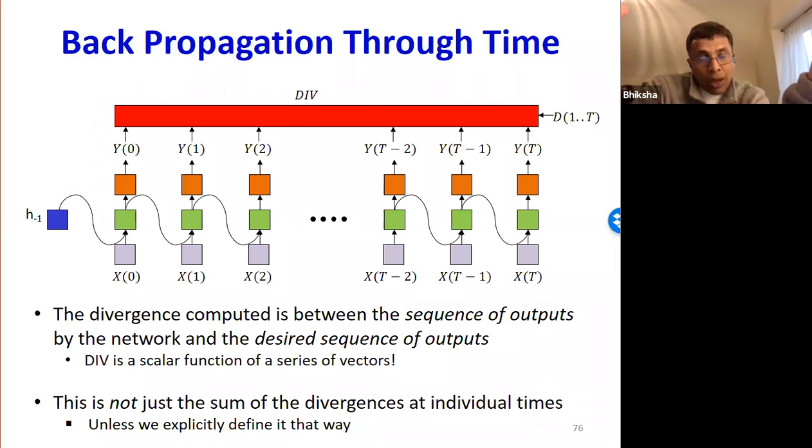It can be a much more complex function of two sequences. So what we really must consider when we train these networks is the general case where the divergence is a function of two sequences. It's the error between sequences. And we'll see how this complicates matters in later lectures.